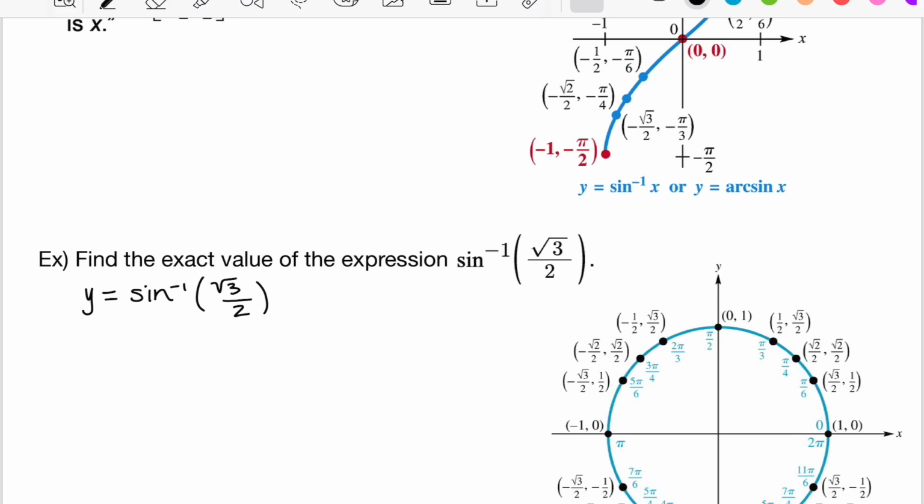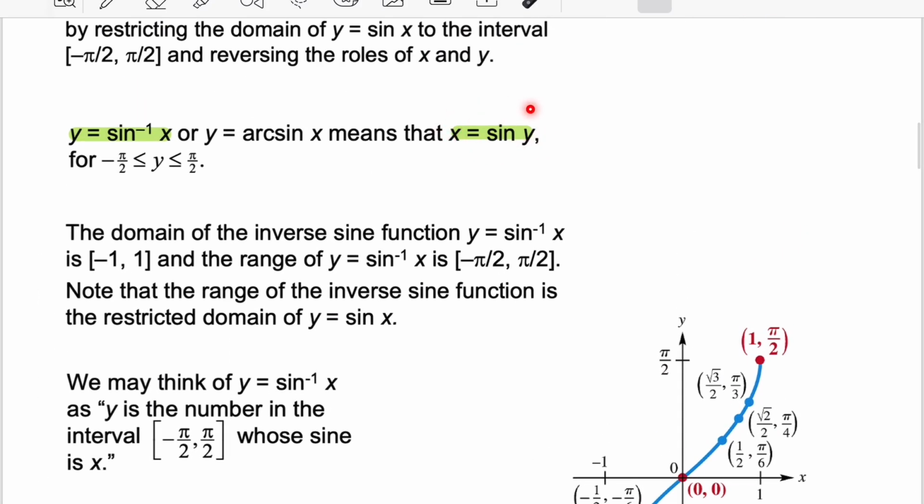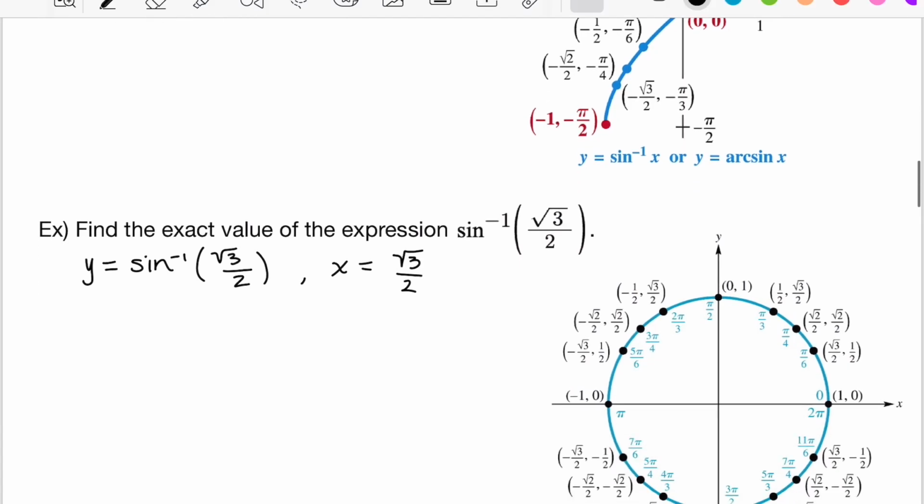And so in this case, our x is going to be root 3 over 2. So we'll rewrite it like this here. We'll get that root 3 over 2 is equal to sine of y. Now all I want to do here is find our angle y such that sine of y will give us root 3 over 2.